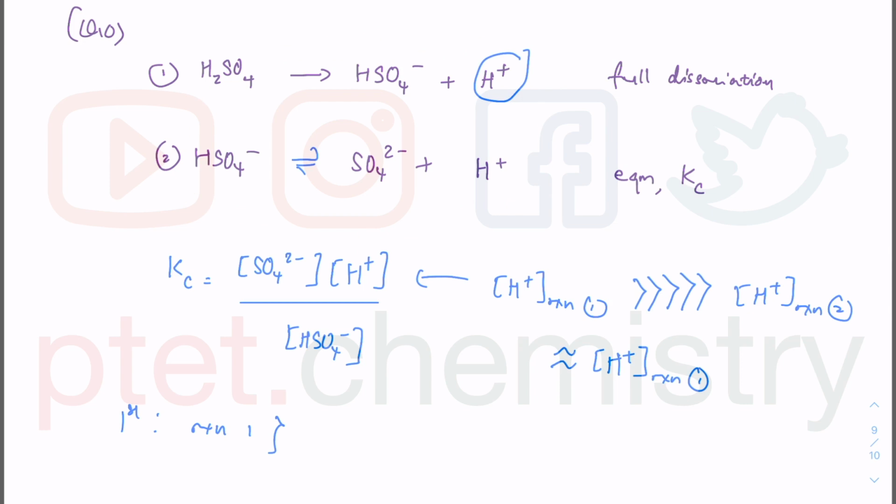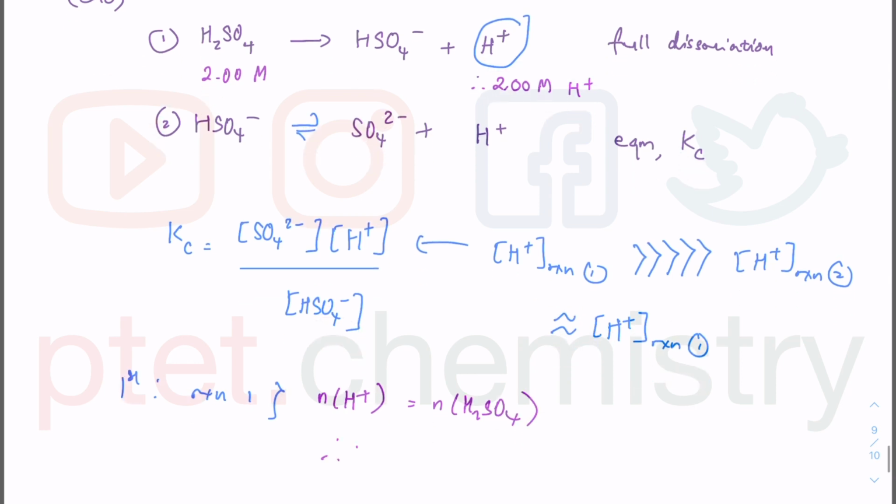So if I started off with 2.00 mole per dm cube, therefore I will expect 2.00 mole of H plus, because 1 mole gives you 1 mole. So the mole of H plus is going to be equal to the mole of H2SO4 from reaction 1. Therefore the concentration of H plus equals the concentration of H2SO4, because they are in the same total volume. So that will give me 2 mole per dm cube.